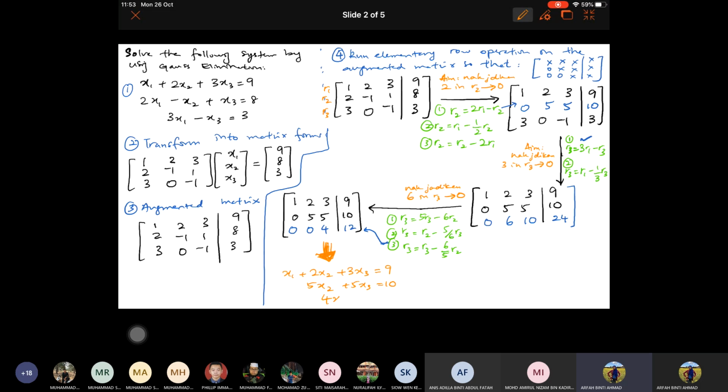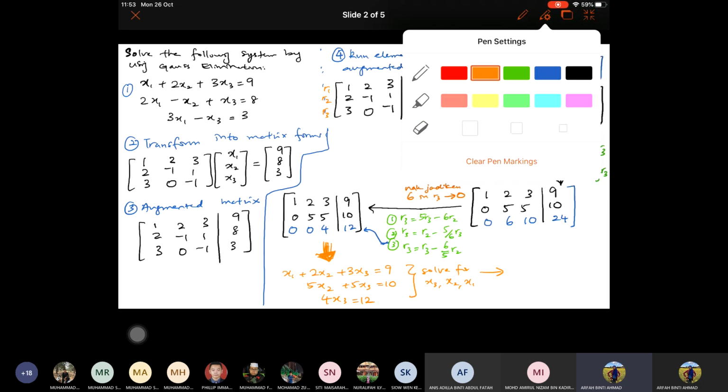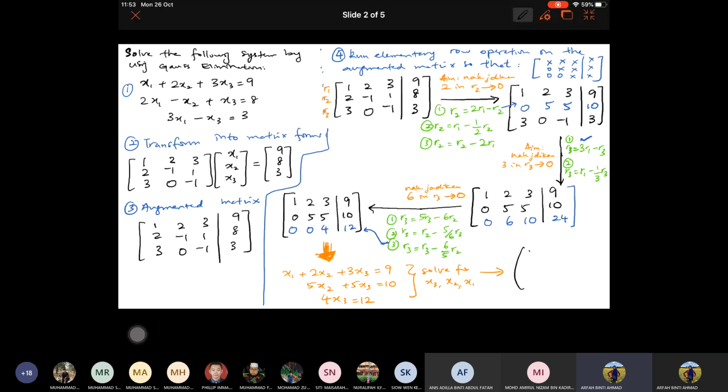Okay, 4 X3 equals 12. So from here you can solve for X3, then X2, then X1. Okay, try to solve it. What is the final answer for this one? You should be able to solve this. So what will be the final answer?